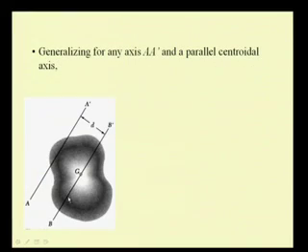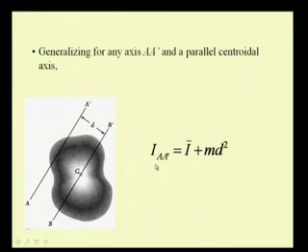So, that is what we see here. Let us say this is the rigid body and this is the centroid. So, this axis is the centroidal axis, that is b prime, and let us say in space we have another axis a prime, which is parallel to this centroidal axis b prime, and it is situated at a distance of d.